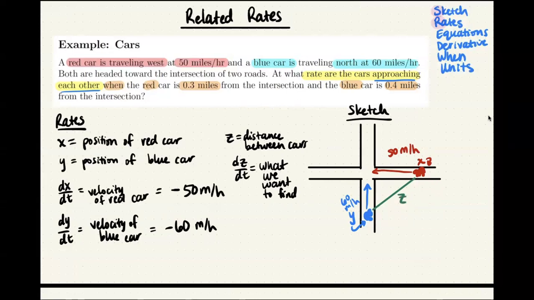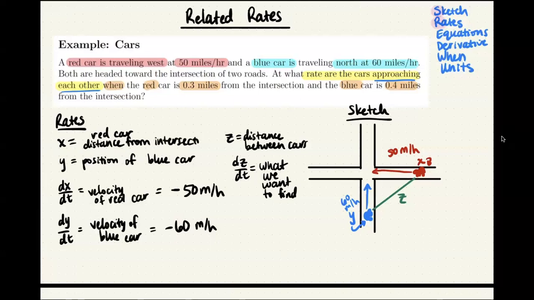Okay. So again, this one's a little more complicated than ones we've seen because we had to make up names for stuff. We had to give names to these positions and work out what's important and what's not important. I guess maybe even more descriptive than position of the red car, maybe I should say this is the distance from the intersection. So say this is red car distance from the intersection.